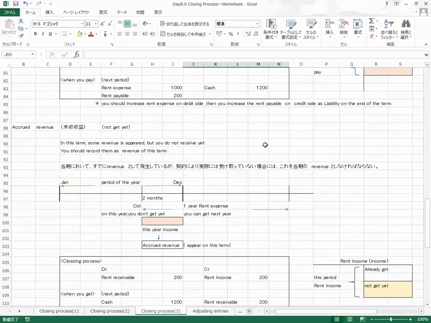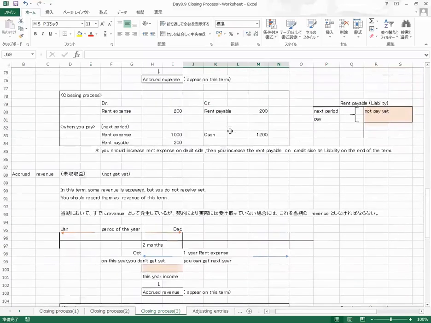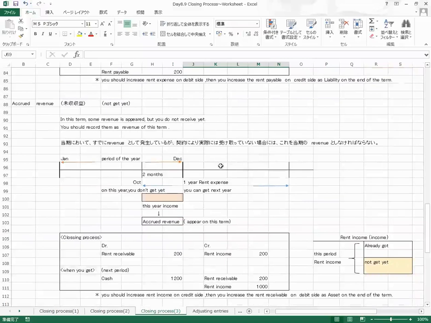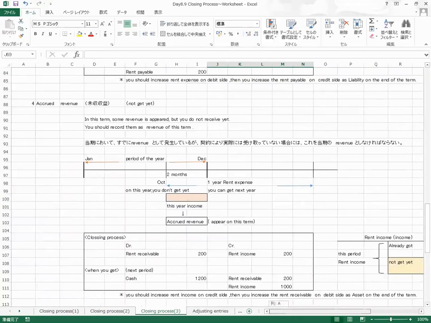You should record it as revenue of this term. これは上の費用と同じように、you make the revenue appear belonging to this term. So this is the same as accrued expense, but in this case, you do not pay. You are on the side to earn or get the money.